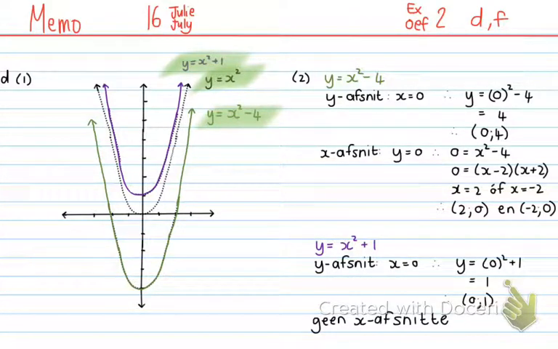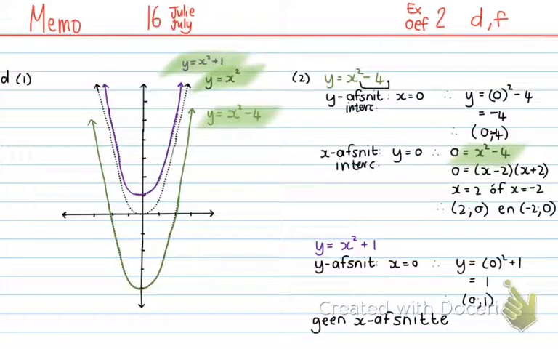Then I have to determine the y-intercept and the x-intercept. Remember the y-intercept I can read off, it's the q value, negative 4. And for the x-intercept I set y equal to 0. So then it's 0 is equal to x squared minus 4.